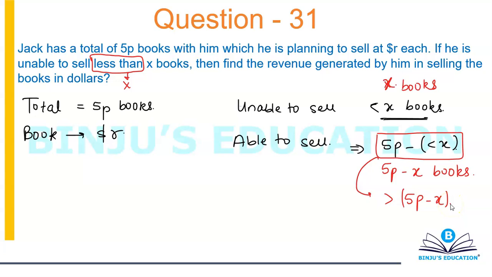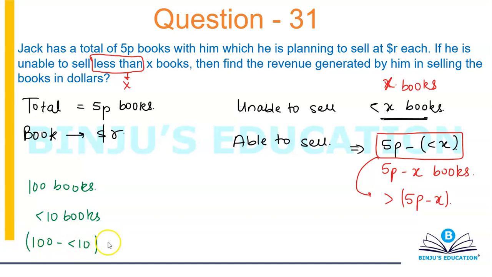Understand it this way. Let's suppose I have a total of 100 books with me. I am unable to sell less than 10 books, then that means I am able to sell 100 minus less than 10.